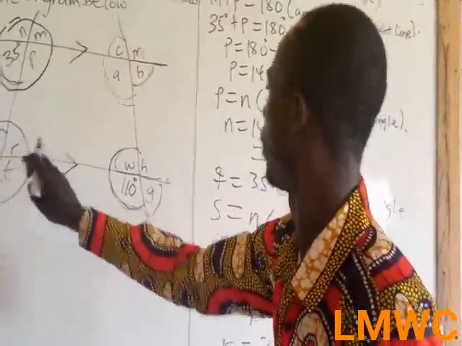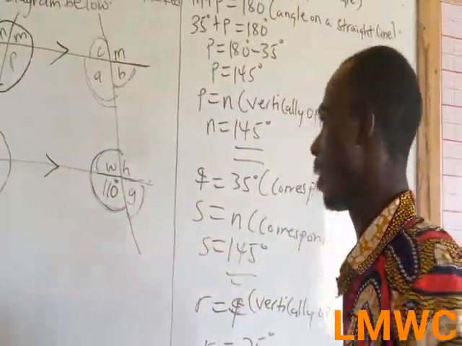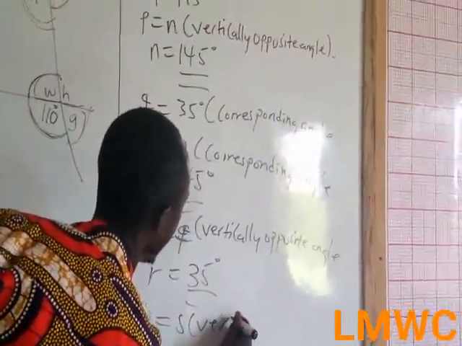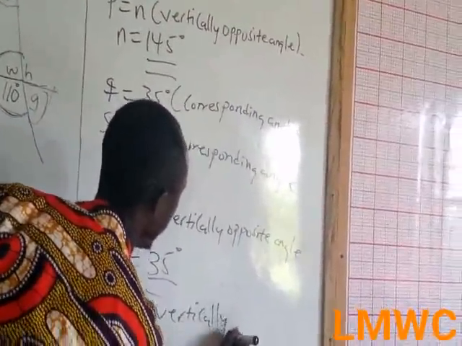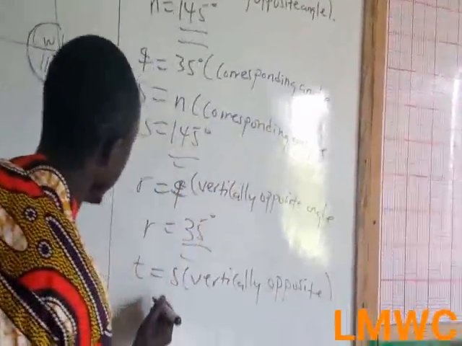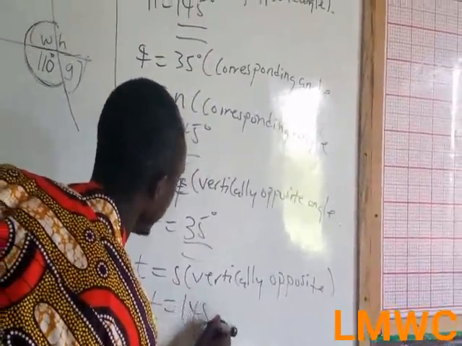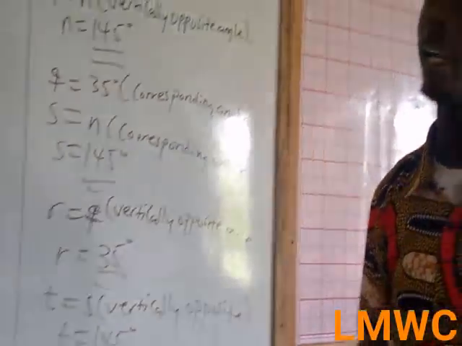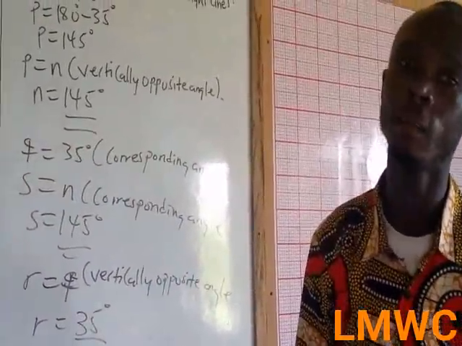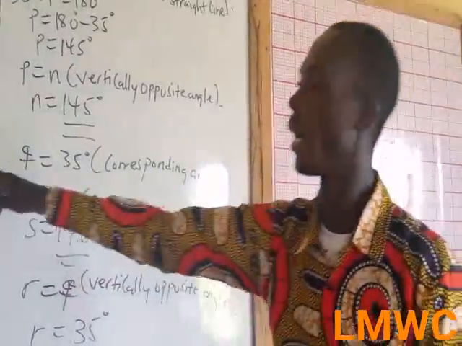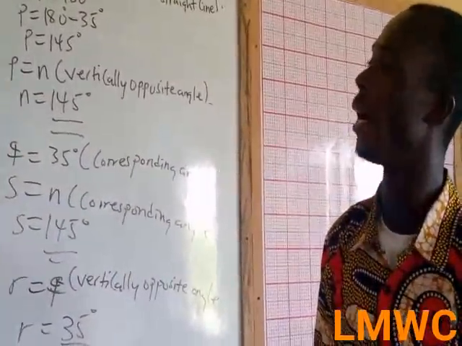What is T? T is equal to S, vertically opposite. So T is equal to 145 degrees. So you should know the concept: underline, co-interior angle, corresponding angle, alternate angle, angle on a straight line, angle at a point.